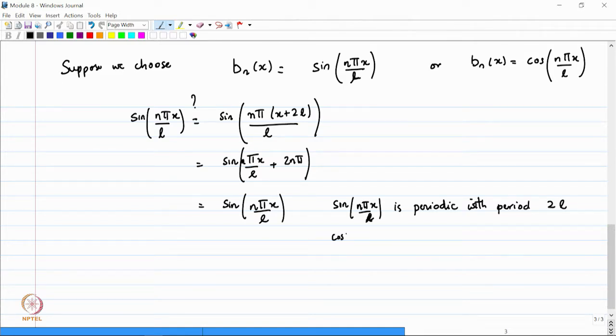Similarly cosine of n pi x by L is also periodic with period 2L. This is the first thing, that both sine and cosine are periodic with period 2L.